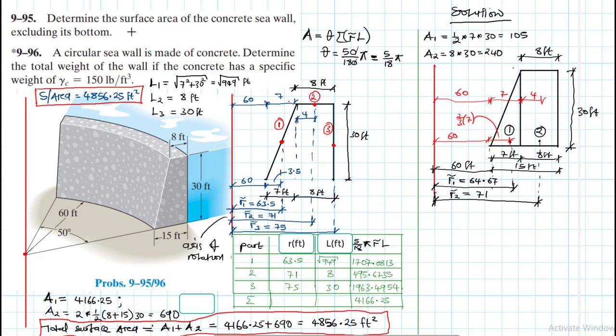So we draw a table in like manner quickly also. So we have part, area in feet squared, and then we have the centroid position, and then we have the product with 5/18 pi.